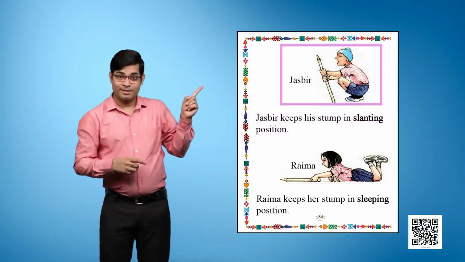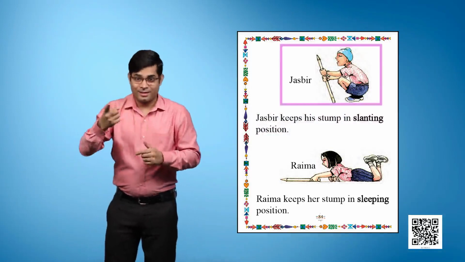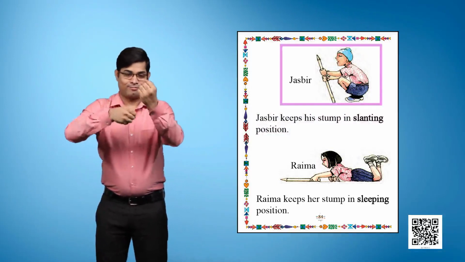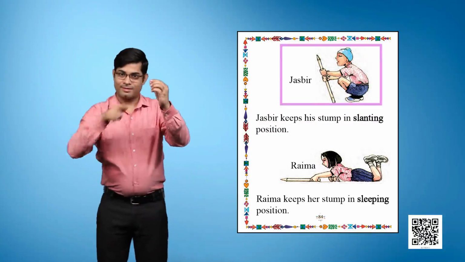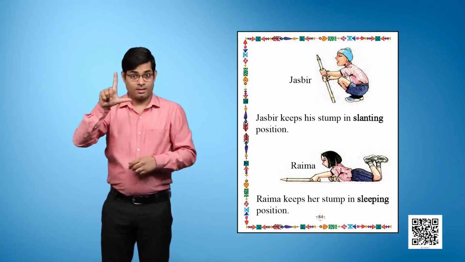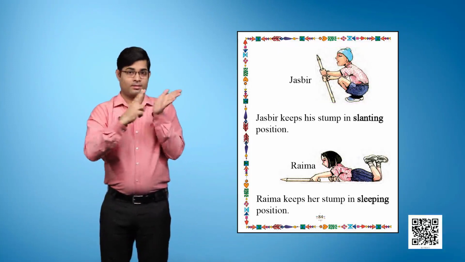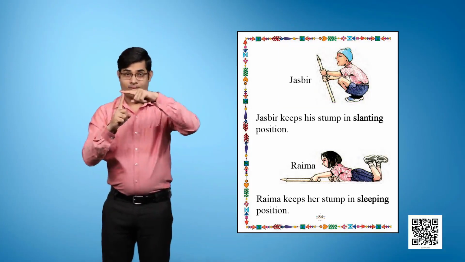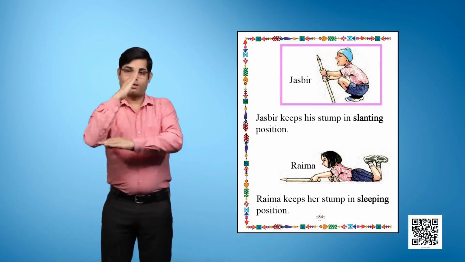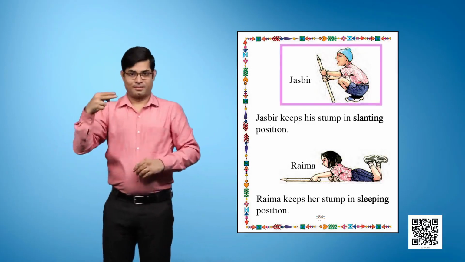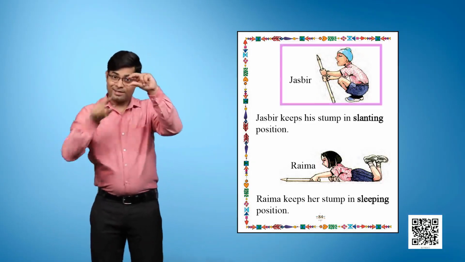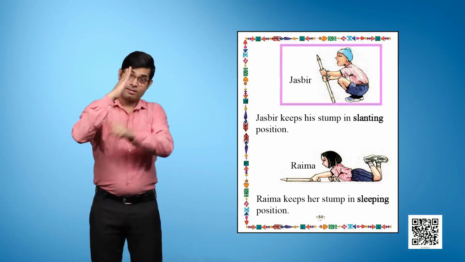Picture shows Jasbir is sitting on his feet and holding his stump in slanting position. Slanting position is neither standing nor sleeping.